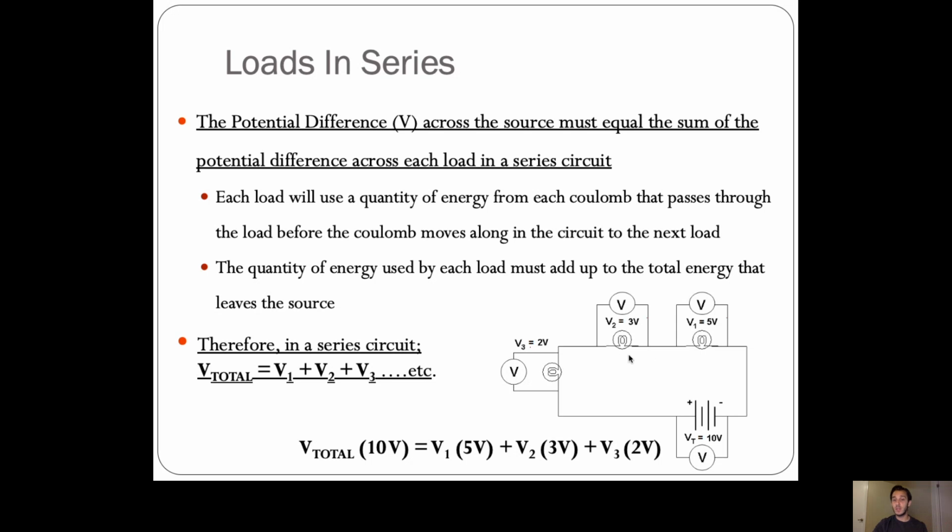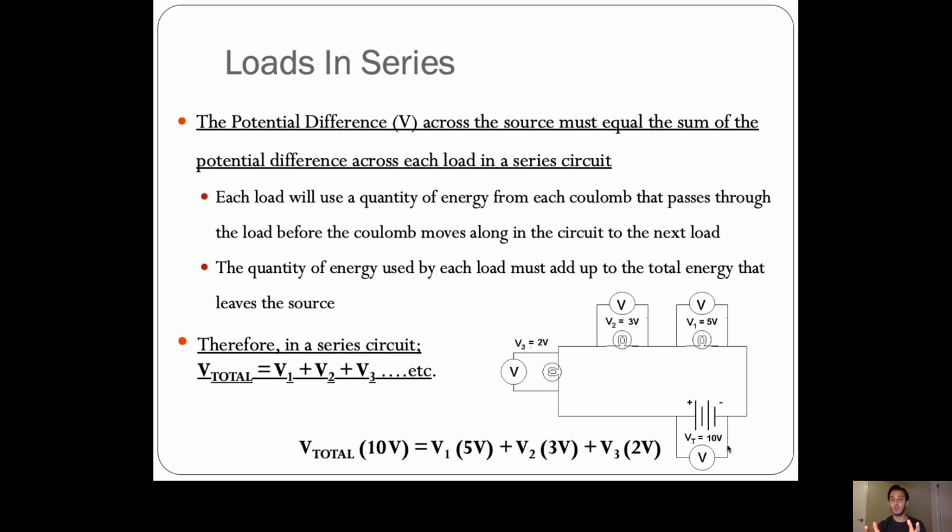Okay. And what we notice is if we add 5 plus 3 plus 2, we get 10, which is the same as the potential difference across the source. Okay. So the energy used by each load has to add up to the total amount of energy that's leaving the source.